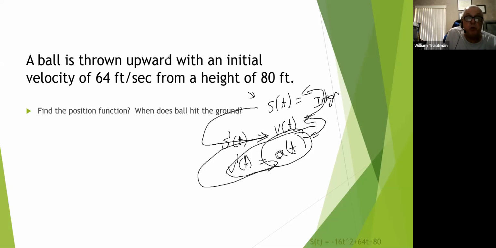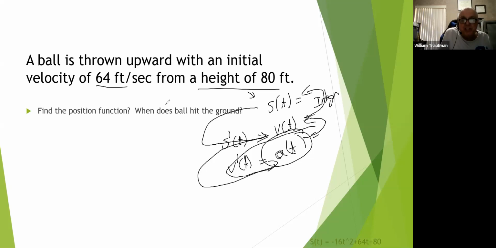So it says a ball is thrown upward with an initial velocity of 64 feet per second from a height of 80 feet. Find the position function when the ball hits the ground. Let's start at the very beginning. I don't know any formula or anything.